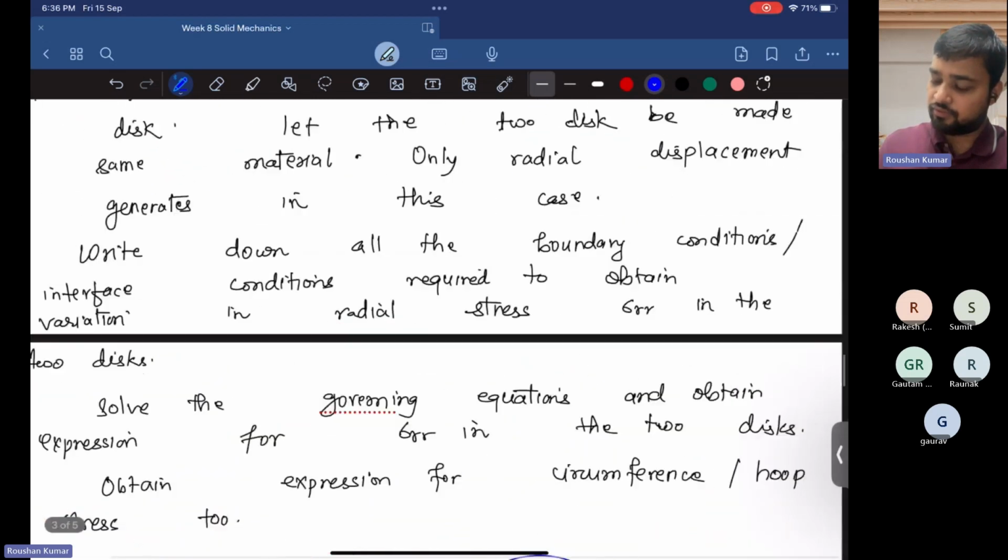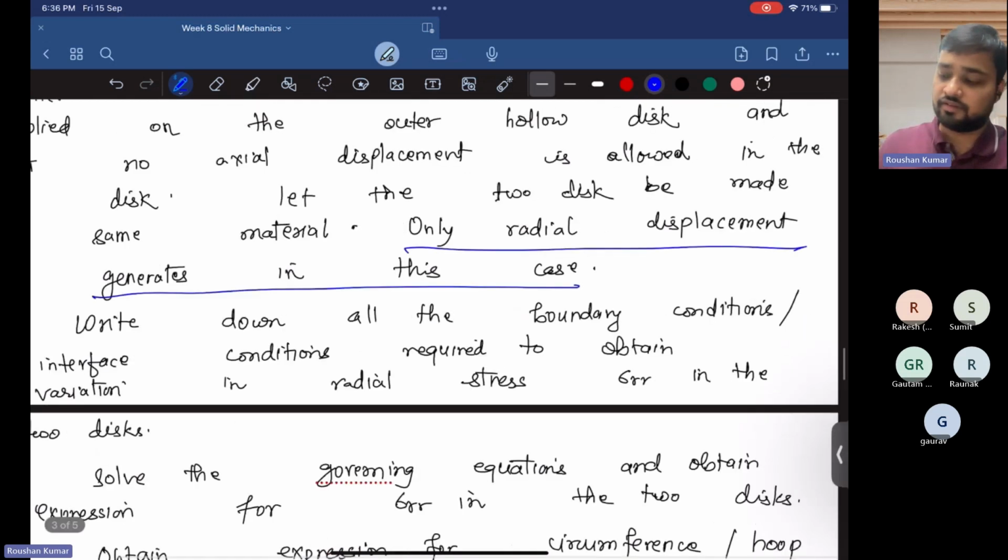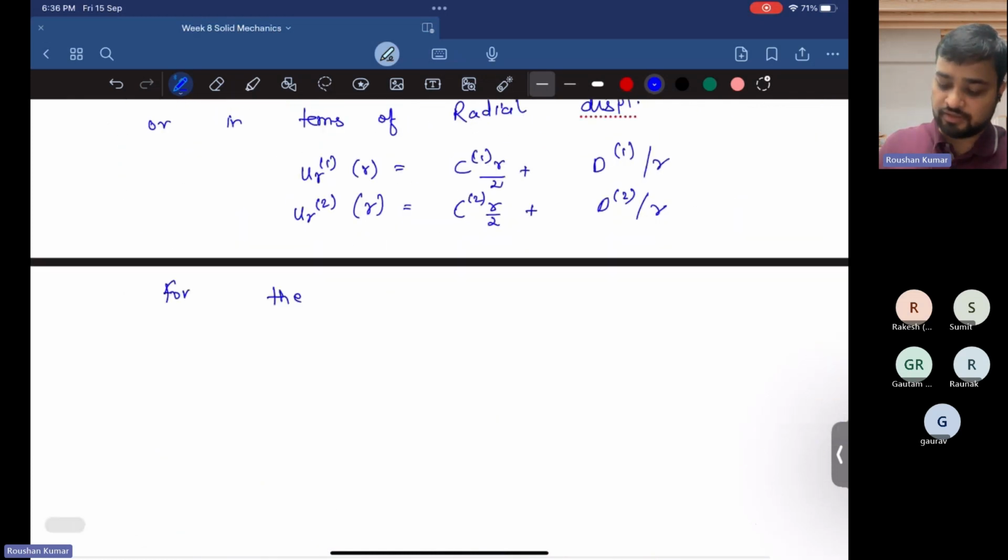If you see the question, only radial displacement is generated in this case. So there is an assumption that only radial displacement is generated, so for this case, axial strain will be 0.